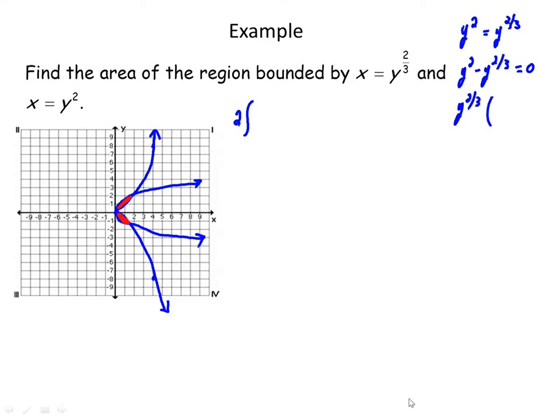Well, what is 2 minus 2/3? Either way, if you take both of these and set them equal to 0, you're going to get y is equal to 0, and you're going to get y is equal to 1. So there's your boundaries.